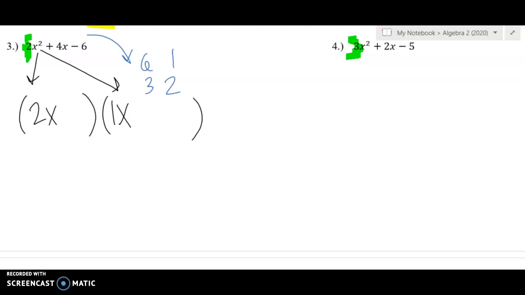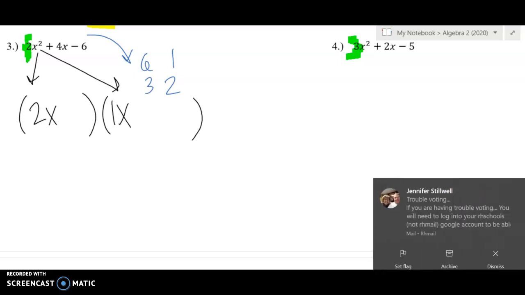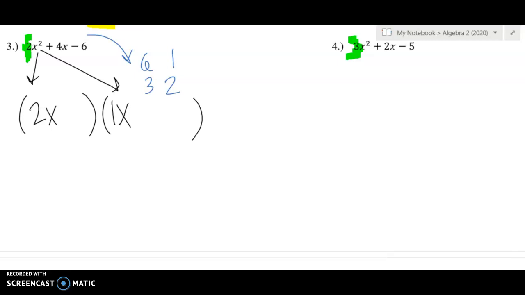Okay, so now it's going to be very important that I pick the correct combination, and you might have to again use pencil, trial and error. Should I pick the 3 and the 2, or should I pick the 6 and the 1? Again, you're going to have to trial this out. I think I'm going to try the 6 and the 1. I'm going to put the 6 first and the 1 second.